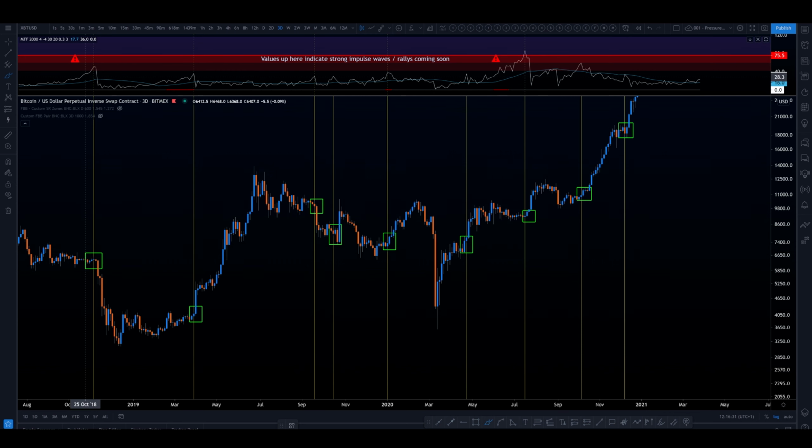So as you can see, pressure can be measured, and I determined for myself that whenever we spike up on this oscillator and we enter these kinds of zones here, we can expect major movements in the markets.